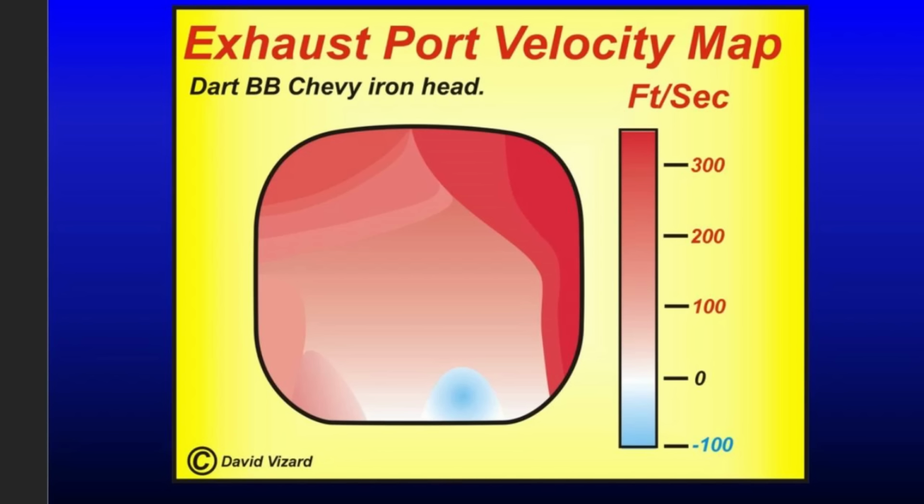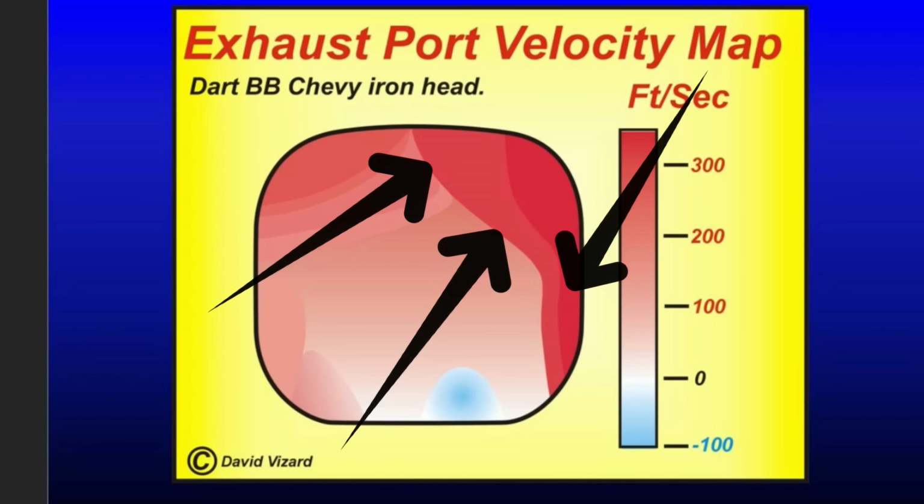Anyway, the diagram shows that we've got flow going in at the bottom of the port. It's going in at about 70 miles an hour, while at the top it's coming out at something like maybe as much as 200.